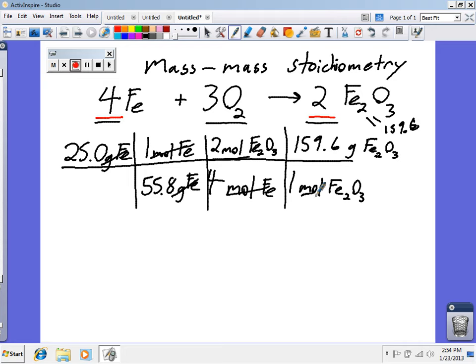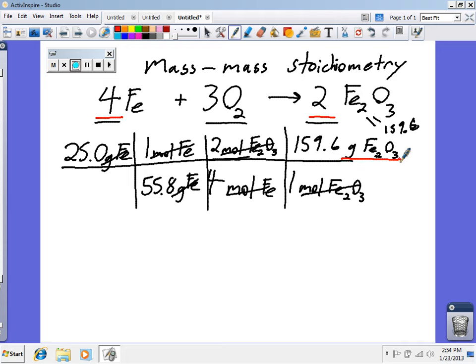Again, I put moles of iron oxide on bottom, so it would cancel with moles of iron oxide on top, and we're left with a unit of grams of iron oxide, which is exactly what we wanted because the problem asked us to find the mass of iron oxide produced.